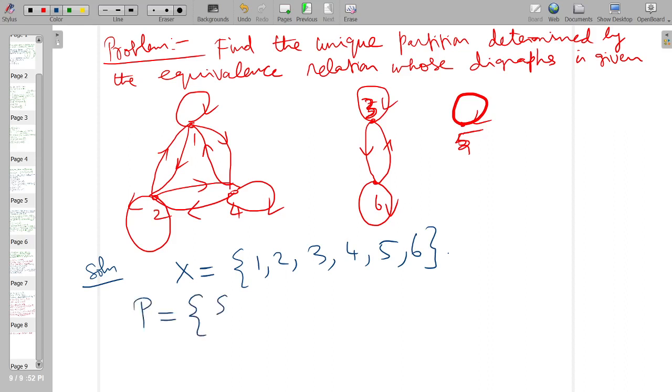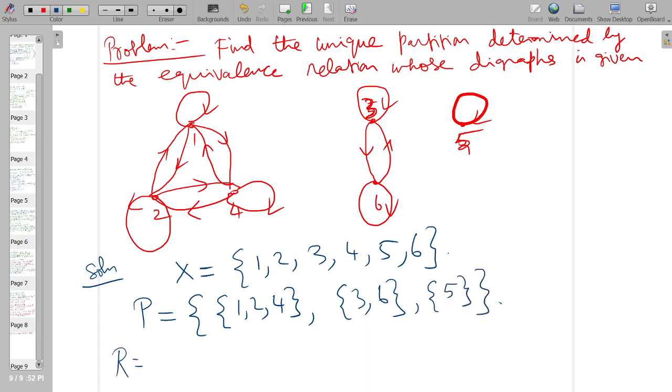The elements in one of the partitions are 1, 2, 4, and 3, 6 will be the second block. The last block would be 5. Okay, you can also see the relations here.